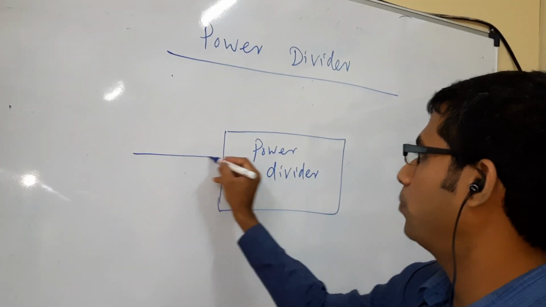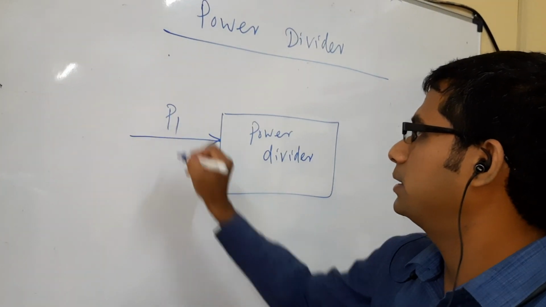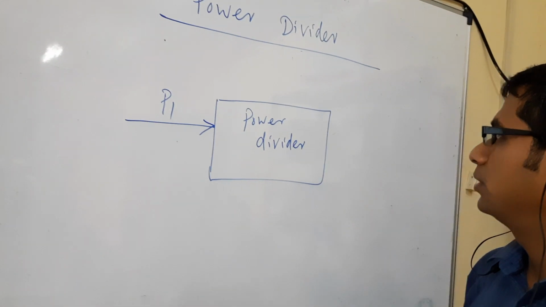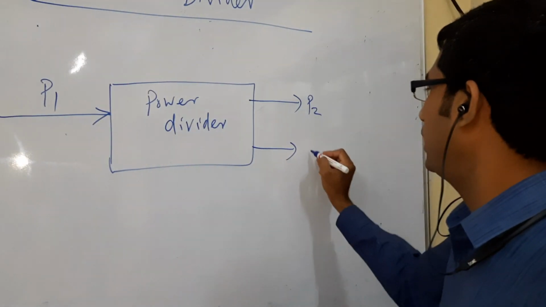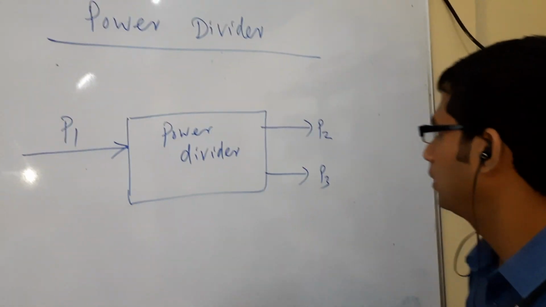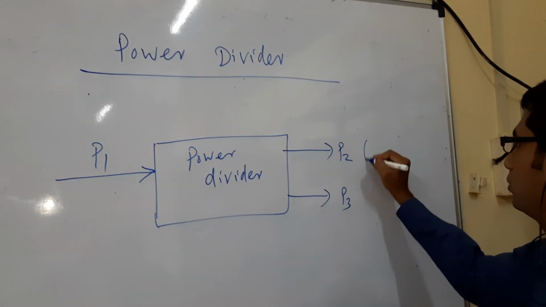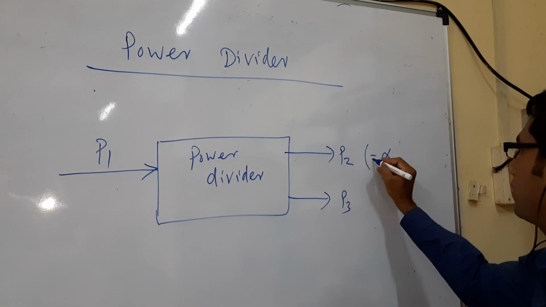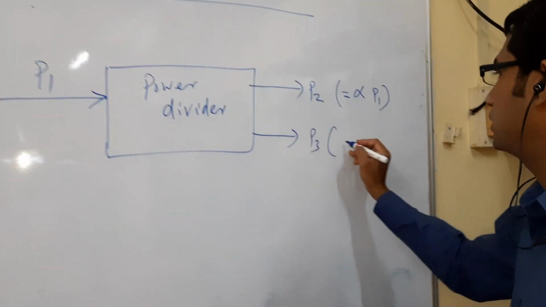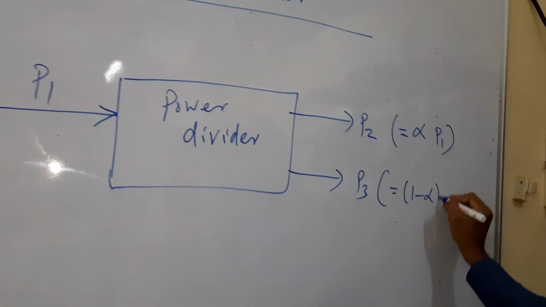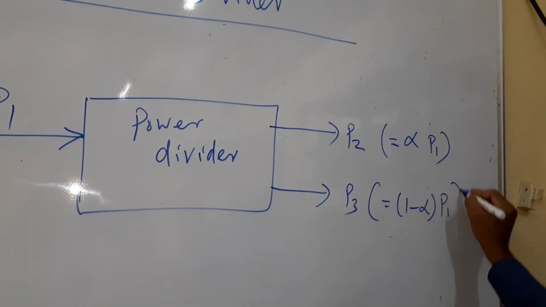Suppose this is my input power P1 coming to the input port, and it divides the power into P2 and P3. Suppose P2 equals alpha times P1, some fraction of P1, and P3 is P1 minus alpha P1.